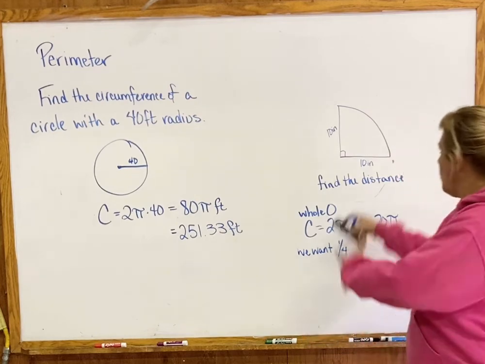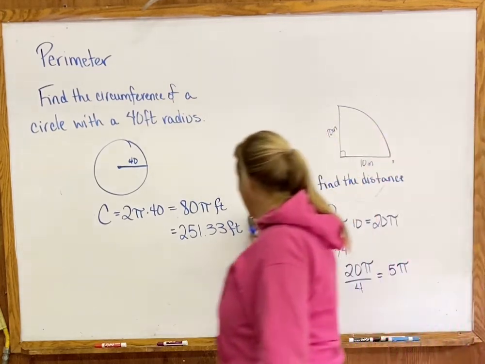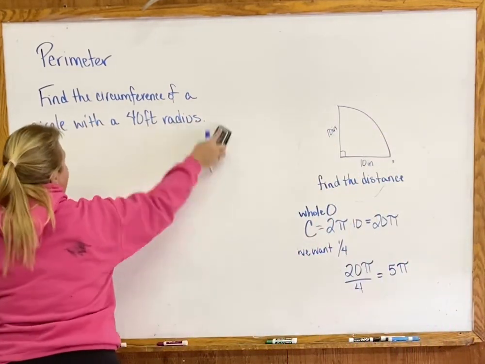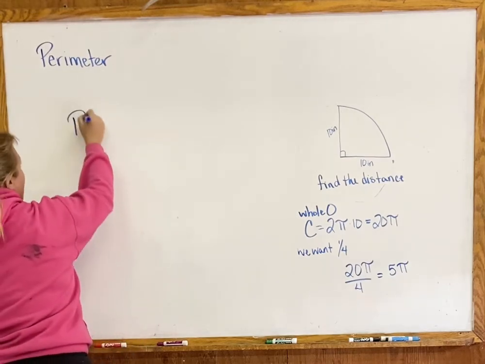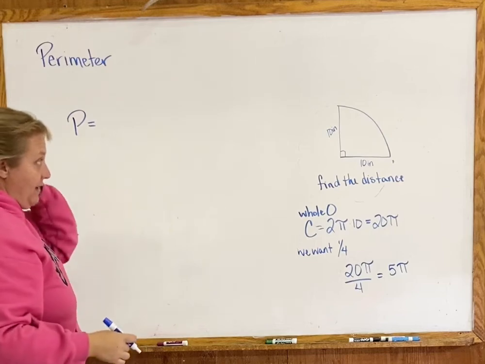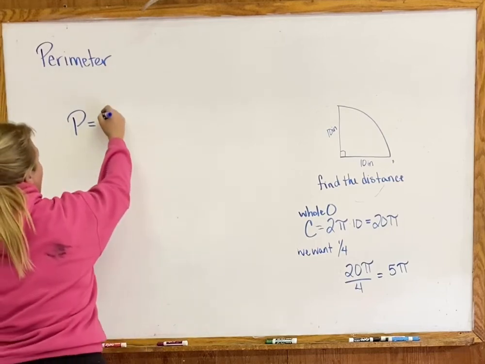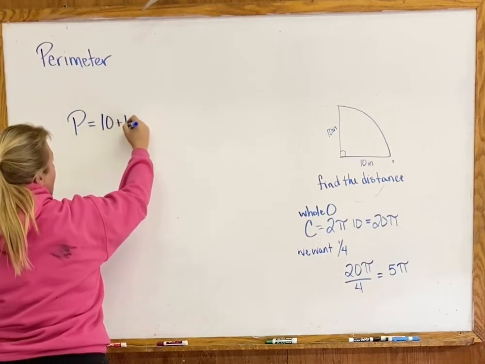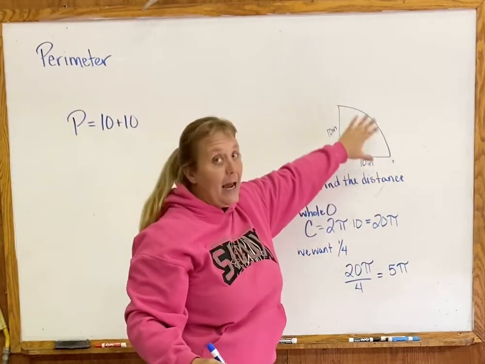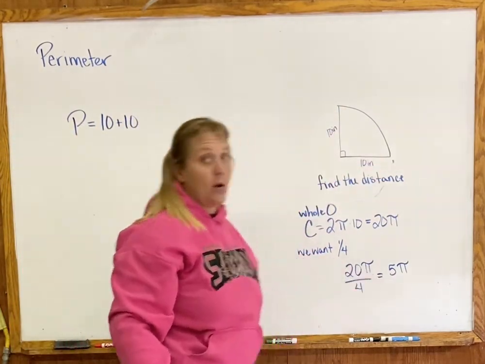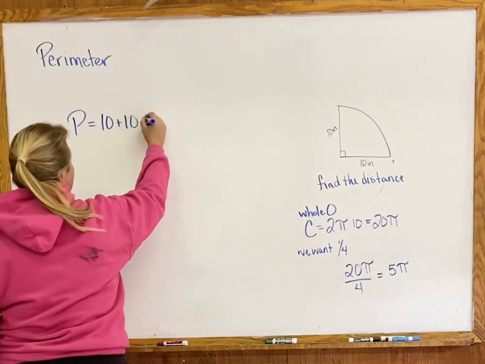Now, I don't know why I didn't write that higher. Come over here. If we want the perimeter of this weird shape that they've given us, we know that we're going to have one side of 10, another side of 10, right? 10, 10. And then we know that that 1/4 of a circle is going to be 5 pi.